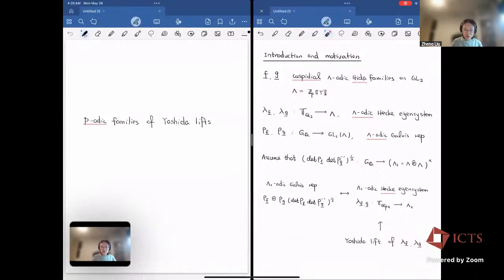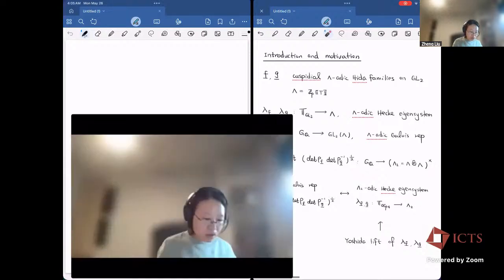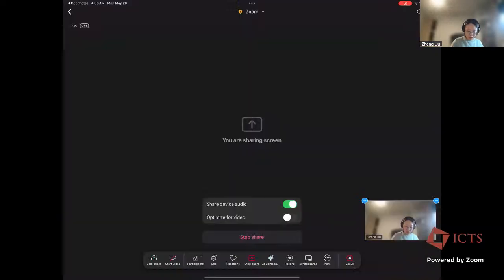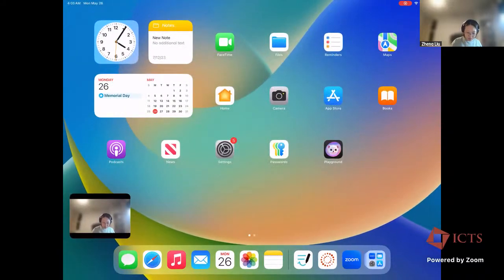Okay, so I will assume that the determinant of ρ_f and the determinant of ρ_g inverse has a square root inside the ring Λ tensor Λ. I call it Λ2, so it's going to be a two-variable Iwasawa algebra.